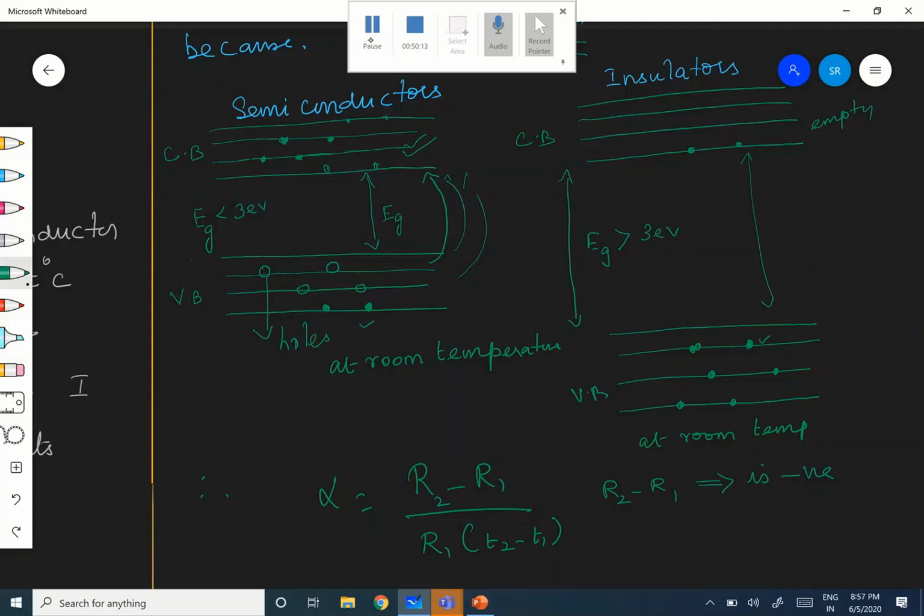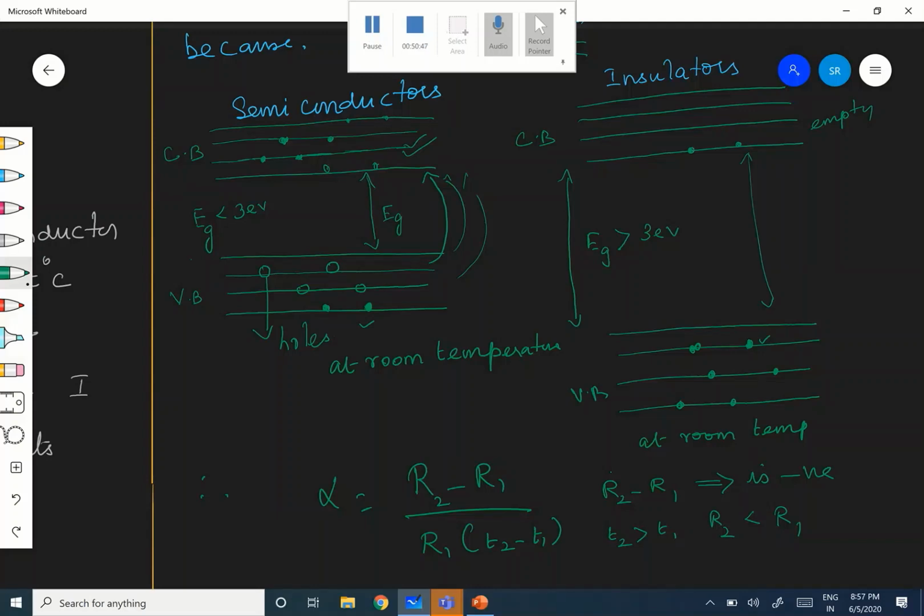Because T2 is larger than T1, so R2 will be less than R1. As you increase the temperature, resistance will decrease, because more electrons are now available in the conduction band for conduction, and conductivity will increase. Therefore, R2 minus R1 will be negative, and alpha will be negative.